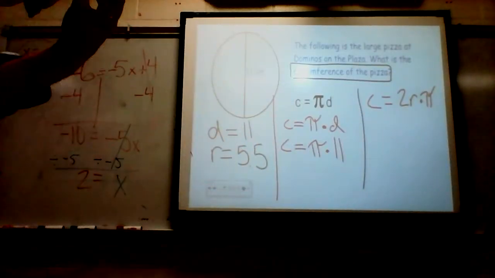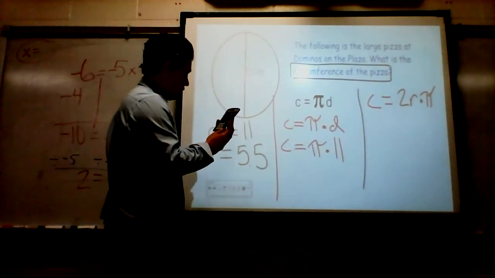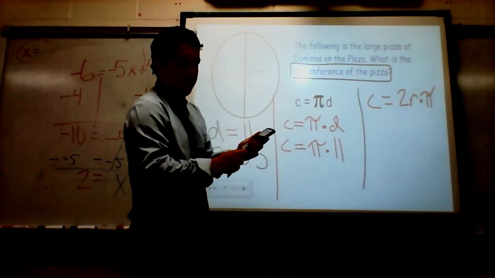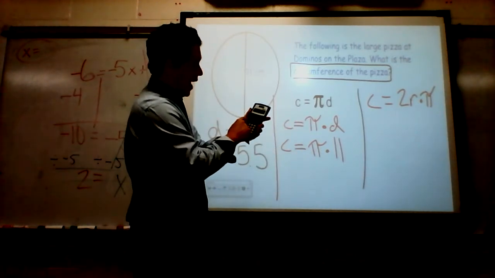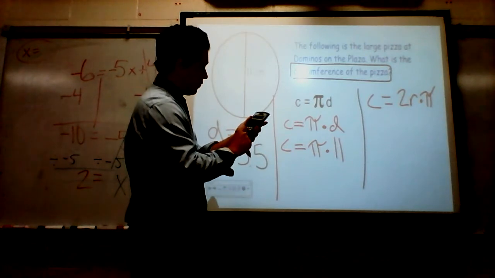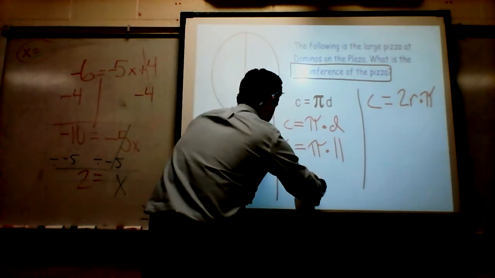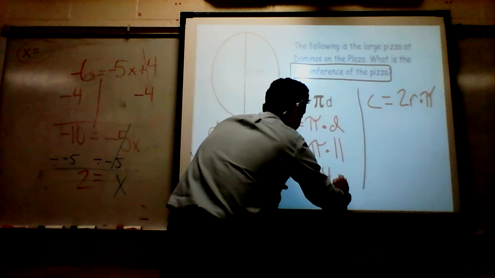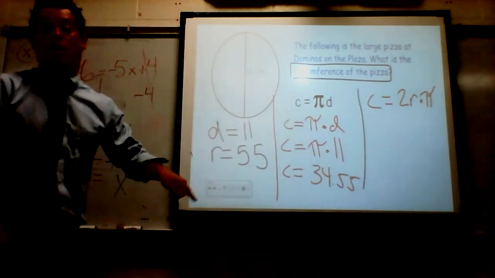The pi button looks like almost two straight lines with a little roof on it. So you would just hit pi times 11, and you'll find the circumference to be 34.55. It goes on for a while, but that's good enough.